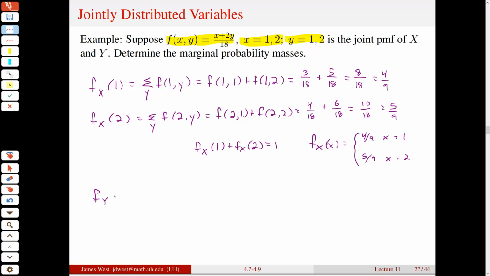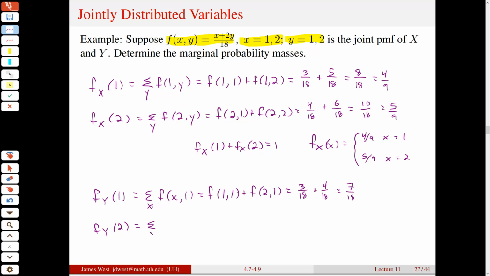For fy of 1, we want to sum over all possible values of x, f of x, 1. So that would be f of 1, 1 plus f of 2, 1. 1, 1 gives us 3/18. 2, 1 gives us 4/18, giving us a probability of 7/18. We should already know fy of 2 by just subtracting 7/18 from 1. It should be 11/18, but let's calculate it anyway.